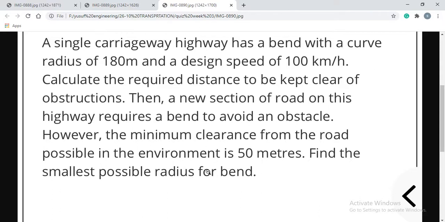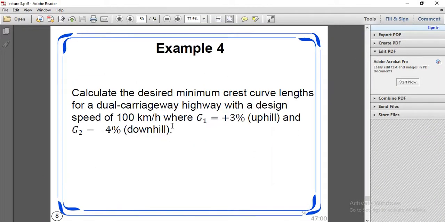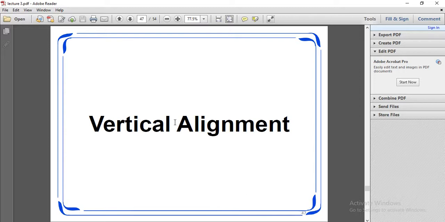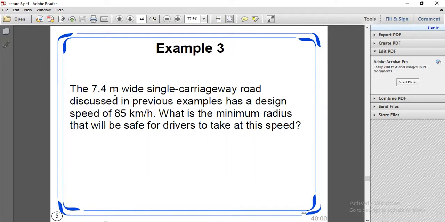To solve this question, we need to first solve an example which is given in our radius section. The 7.4 wide single carriageway road discussed in the previous example has a design speed of 85. What is the minimum radius that will be safe for drivers to take at this speed?